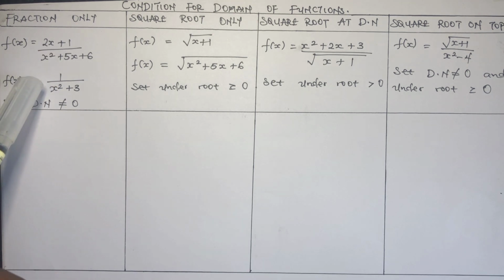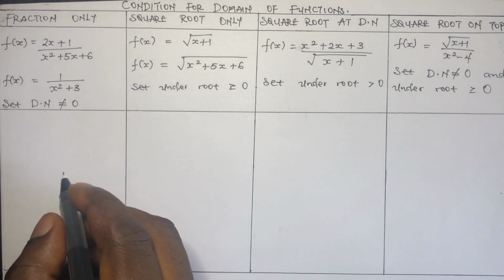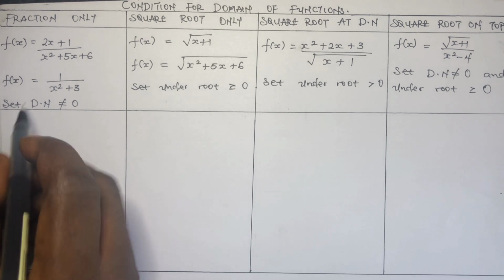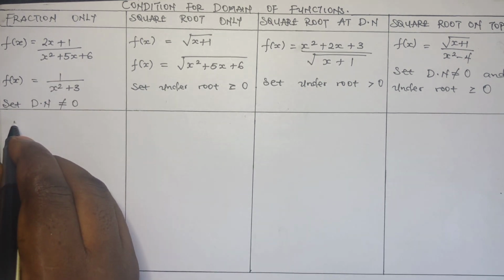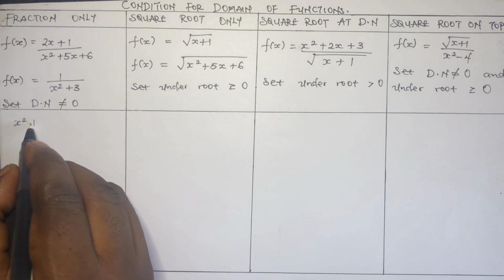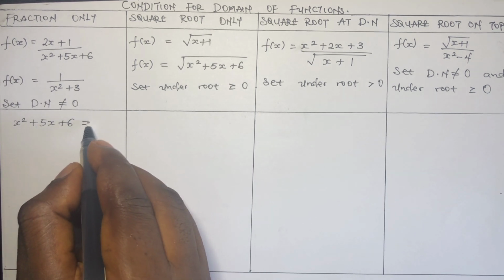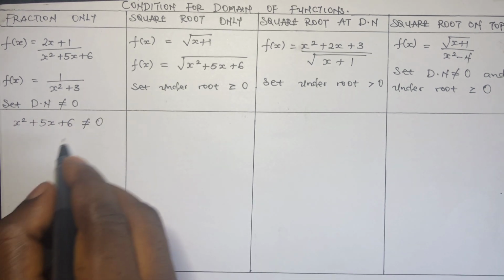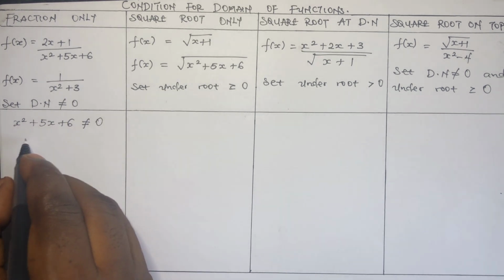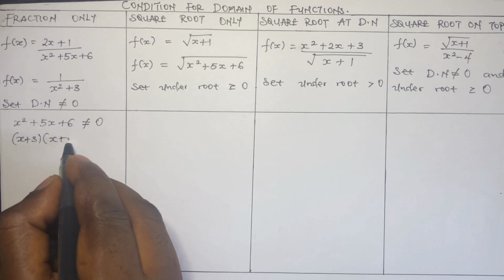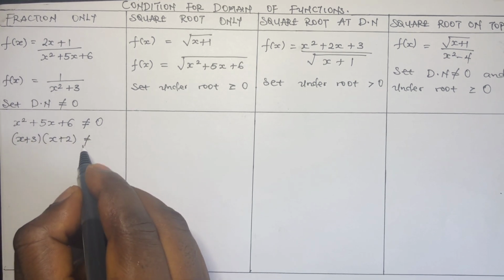each of these functions. So for the first function, from the denominator we have x squared plus 5x plus 6 not equal to 0. When we factorize this, we have (x plus 3)(x plus 2) not equal to 0.